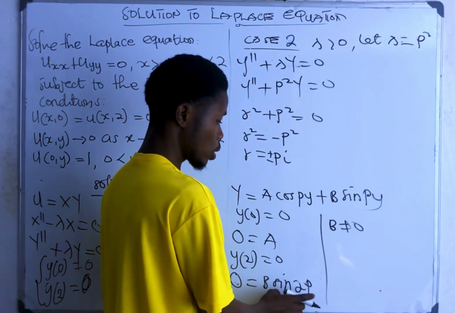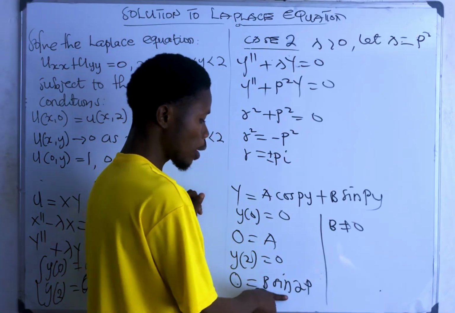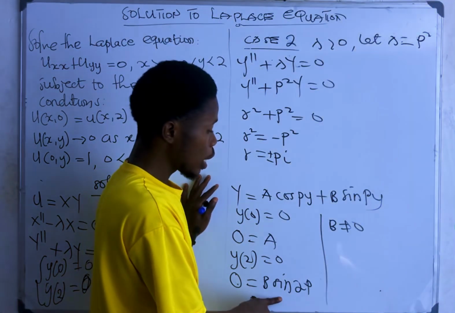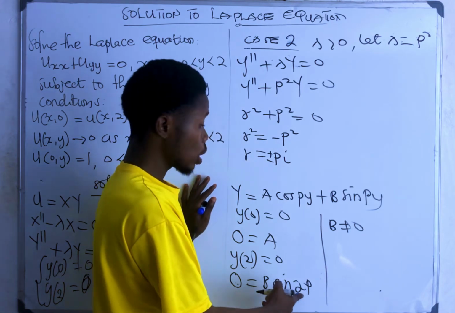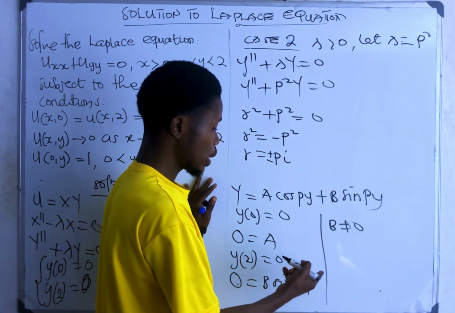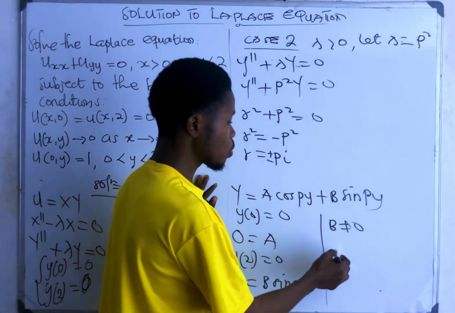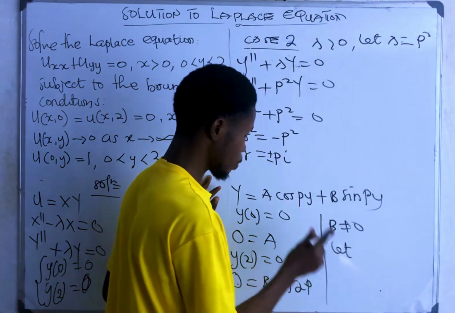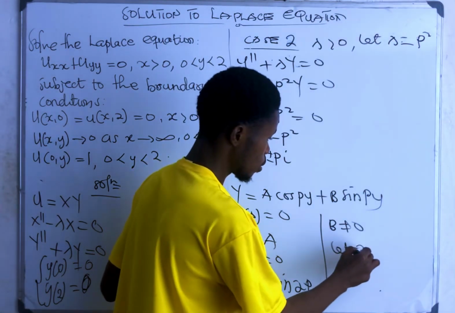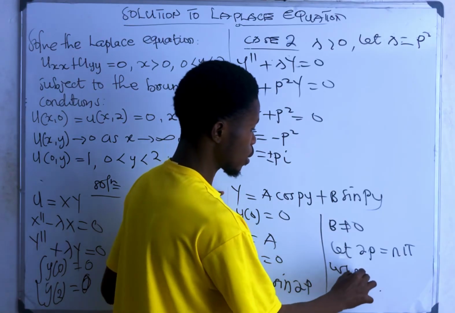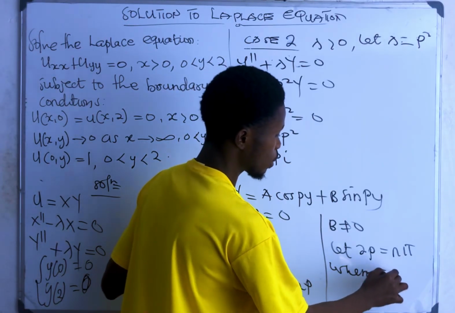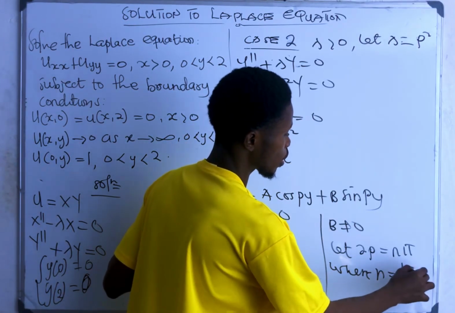So you consider the sine. And how can we make this sine go to 0? It's only when there's n pi, because when there's a pi here, sine times any number gives 0. So what you do here is we say let 2p be equal to n pi, where n equals 1, 2, 3, going.